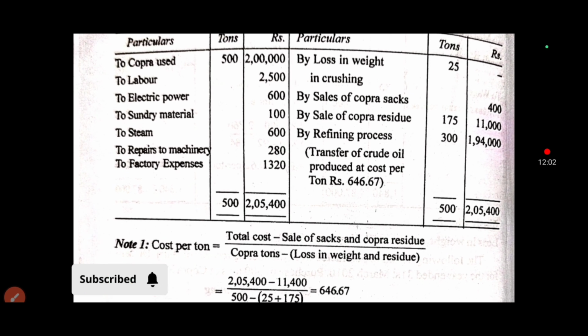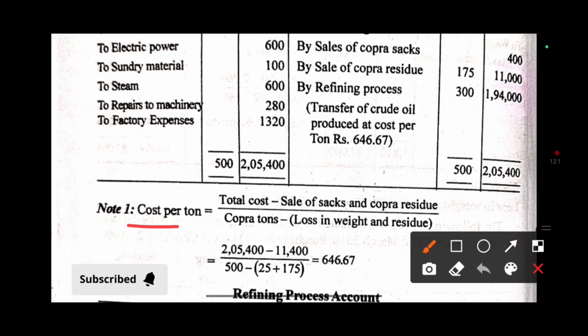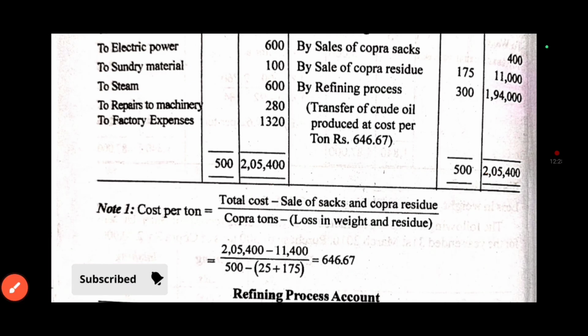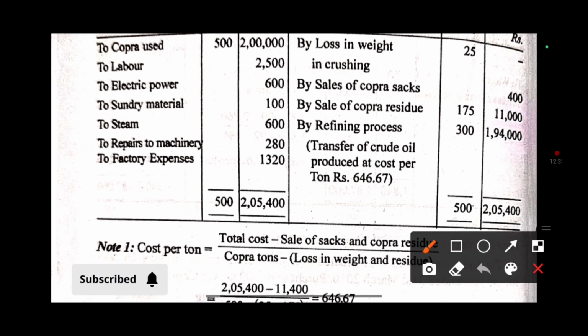Now we are going to prepare the cost per ton. How can you find out the cost per ton? We have a format for it. Look here, for the cost per ton, in the numerator we take the total cost. What is the total cost? We have 2,05,400 rupees, minus the sale of stocks and copra residue. How much is the sale of stocks? 400 rupees plus residue value of 11,000.